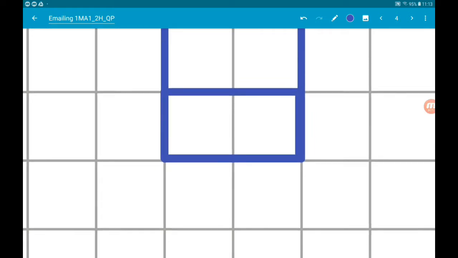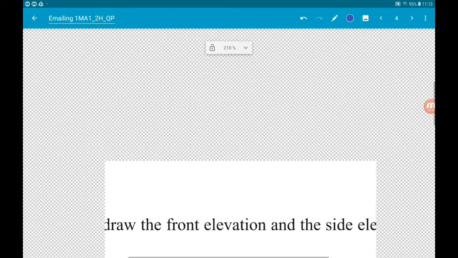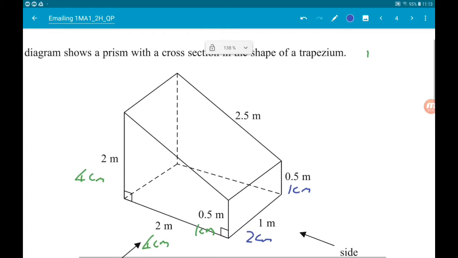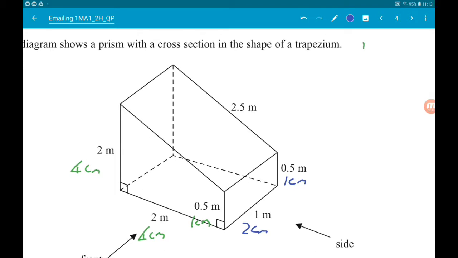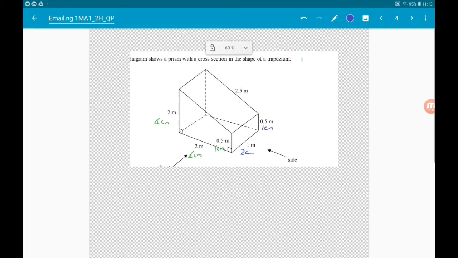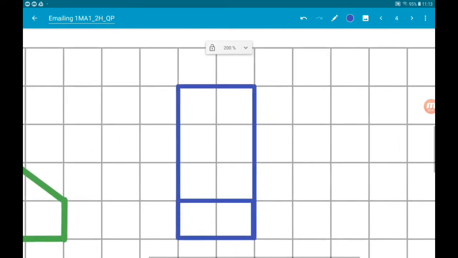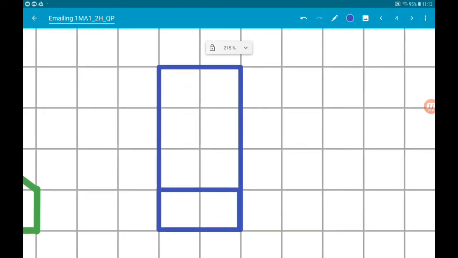So we need the top of this rectangle because that's going to be the lip. And then we're going to see the slope going back. Now we know that slope goes up another, not 3 metres, 1.5 metres, which we know is another 3 centimetres. So the side will look like this. Cool.